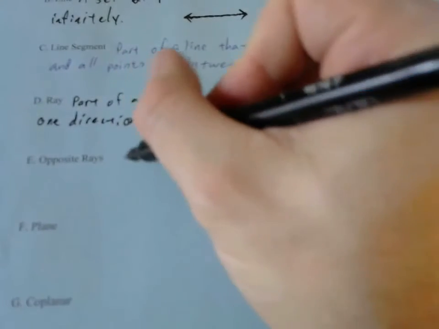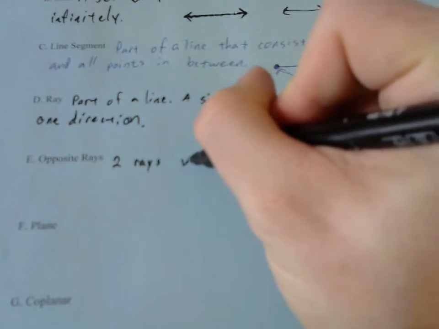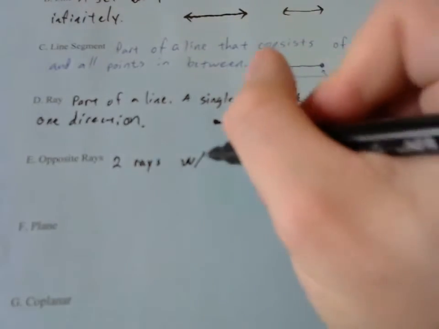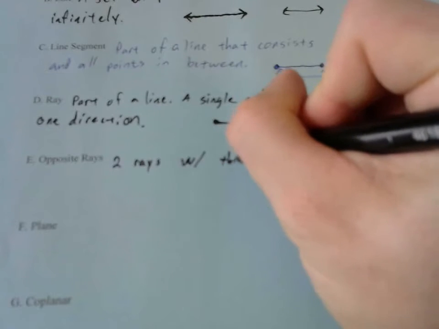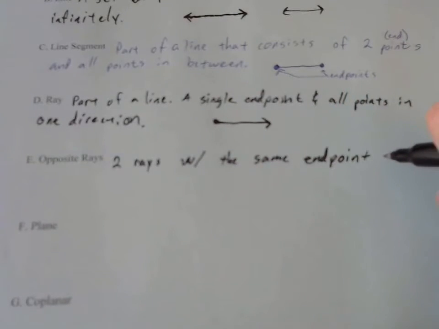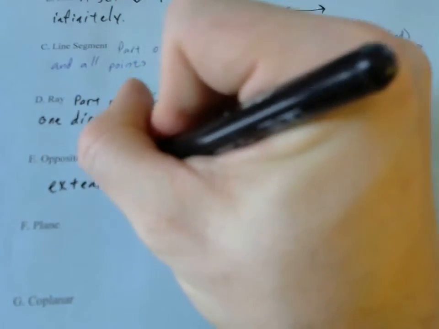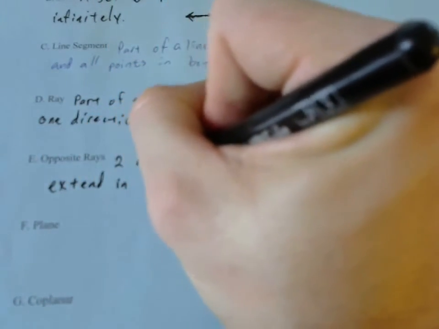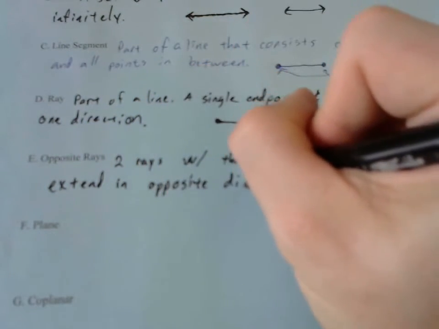Opposite rays are two rays with, and I'm going to use some abbreviations here, w/ the same endpoint, that extend in opposite directions.